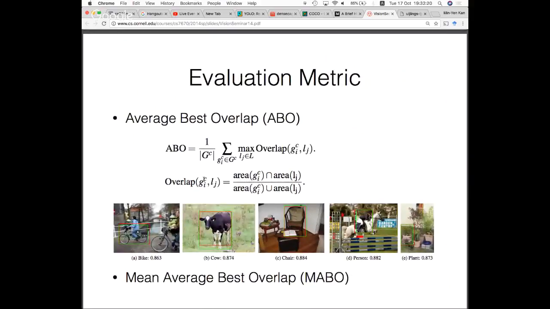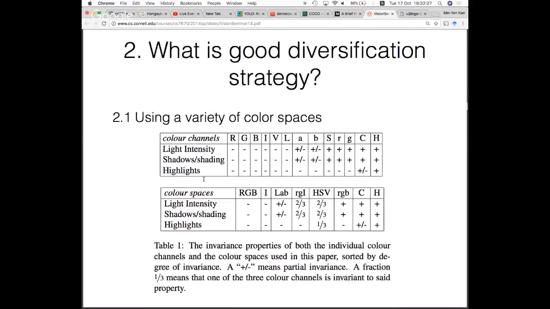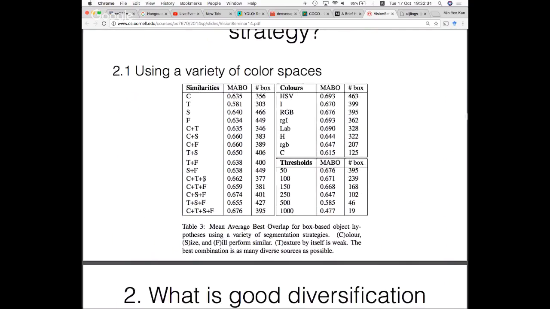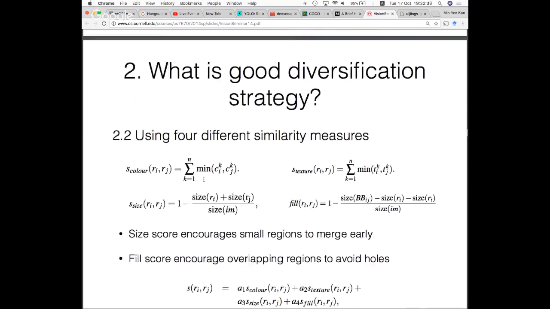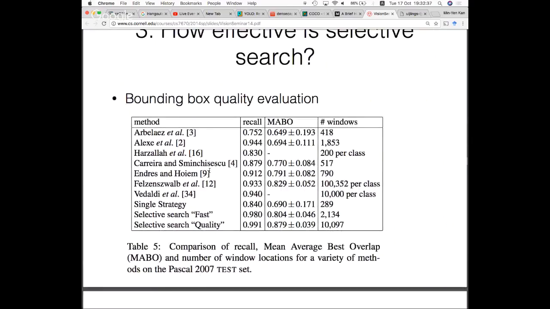After all that, it does regression on the individual segments, whether previously segmented or merged together, and it generates a bounding box for that.